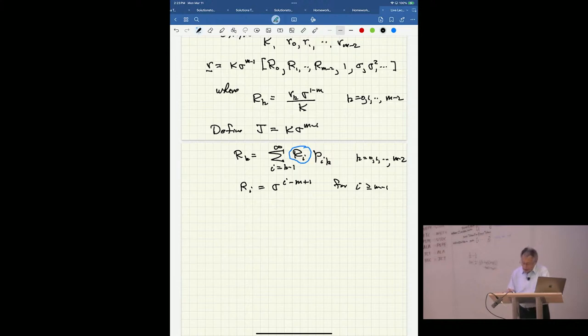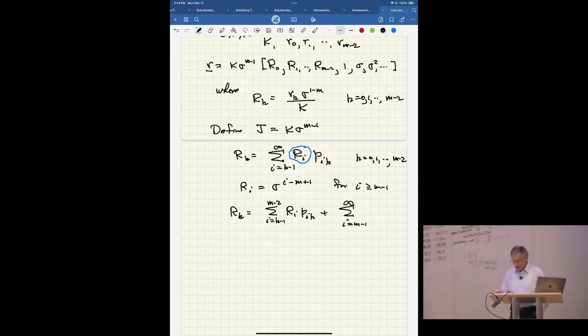Now I'm going to write this equation in the form of two sums instead of one sum. I'm going to write down that r sub k is equal to the same thing I had, which is the sum from i equals k minus 1 up through the range I'm looking for, which is m minus 2, of the r sub i's times p sub ik, plus the tail, which is the sum from m minus 1 to infinity of what times p sub ik?